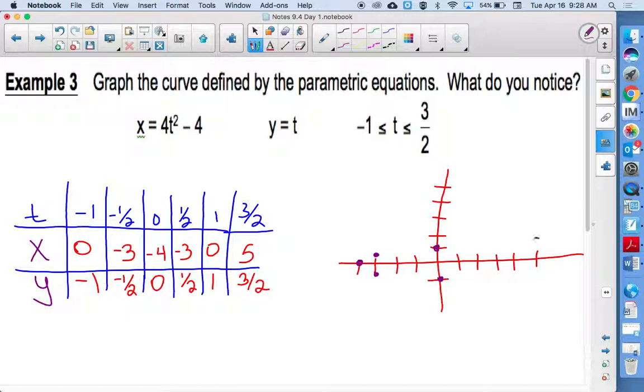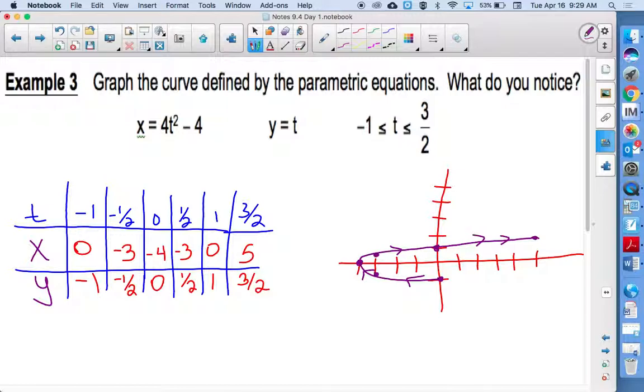And then 5 and 5/2. So it creates the same exact graph as the one we already looked at. But the numbers are different, because we have a 4t squared minus 4, and you have a y equals t.